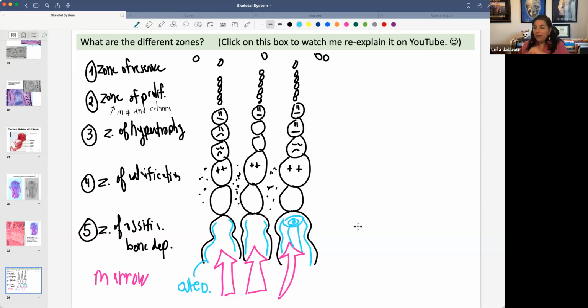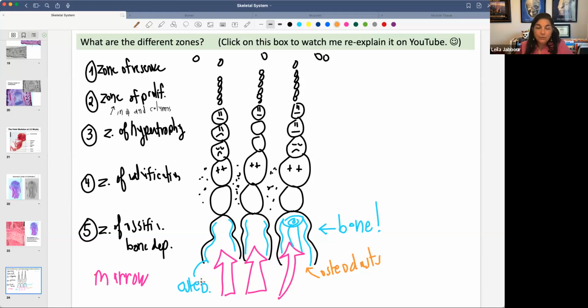Okay, so how is this bone formation? Because here we're making bone right here. So you have to also have some osteoclast activity. So I'm going to add them here as well. Osteoclasts, they come from the bone marrow as well.